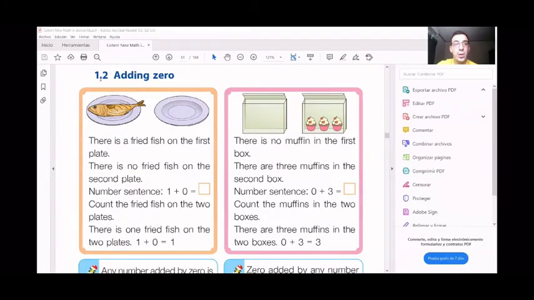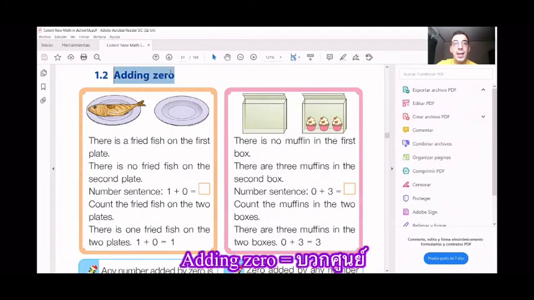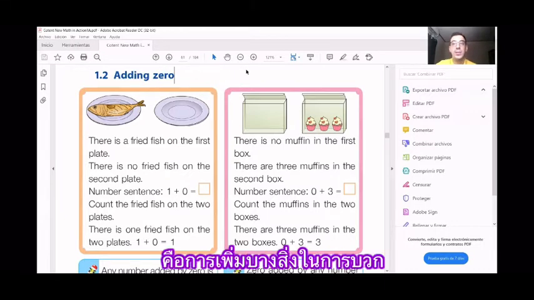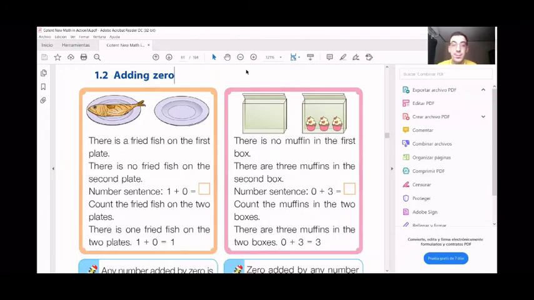Here we have a new concept that is adding 0. To add something is to make an addition. Subtraction is subtracting and addition is adding. And it's talking about adding 0.